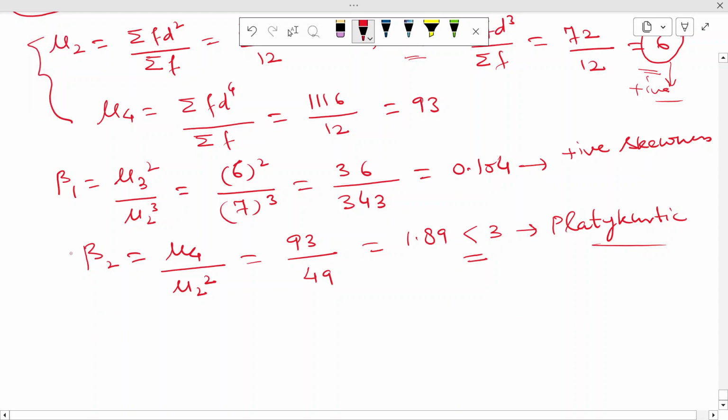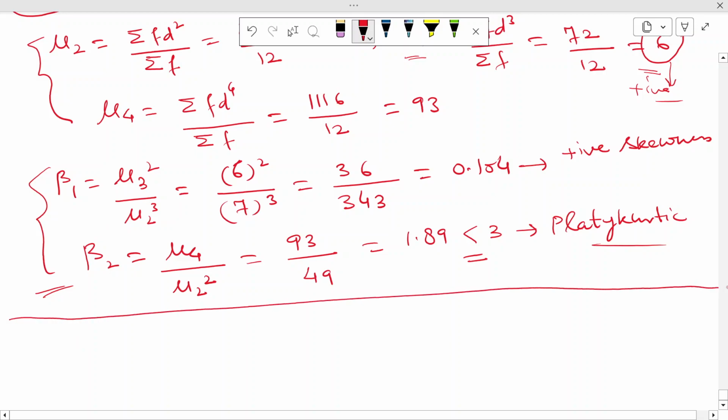Always remember that the moments involved in the expression of beta 1 and beta 2 are central moments. But it is not always possible to calculate the central moments, because sometimes you may have the deviations in terms of decimals, and that will complicate the entire process of moments calculation.